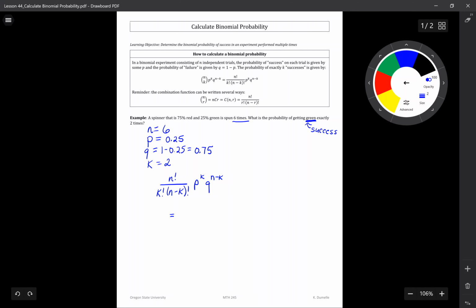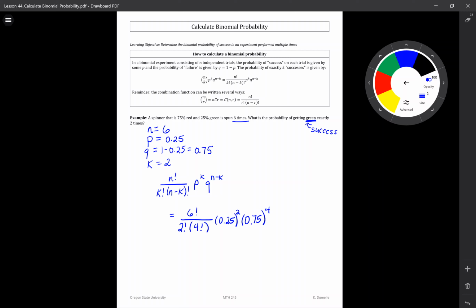So this is n factorial is 6 factorial over k factorial, that's 2 factorial. N minus k is 6 minus 2, or 4 factorial. P to the power of k, our probability is 0.25. K is 2. Q is 0.75. And n minus k is 4.